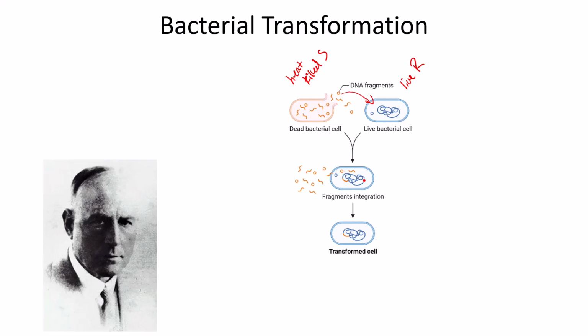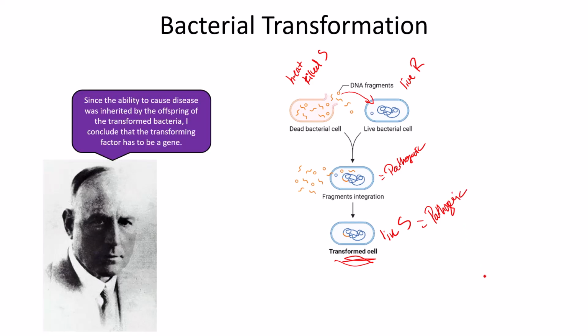It causes the living bacteria cell to start replicating the compound, which in this case is DNA. It makes it have a set of instructions it didn't have to begin with, which in this case is cause pneumonia, be pathogenic. And as soon as it starts reading that and it becomes part of its own genome, it's a transformed cell. In this case, it would transform into the live S, and it can cause disease.